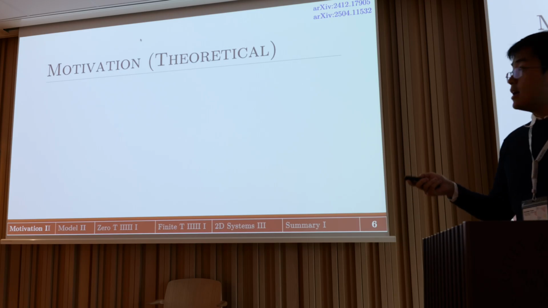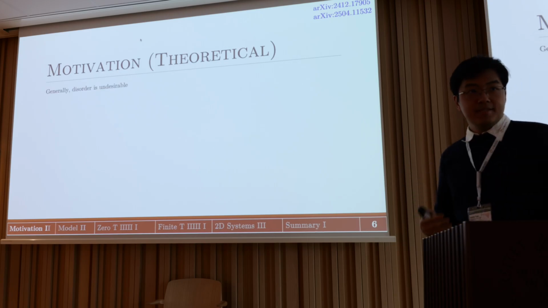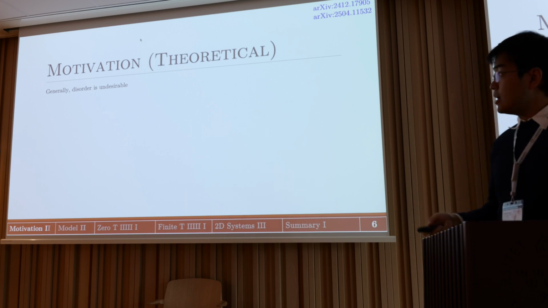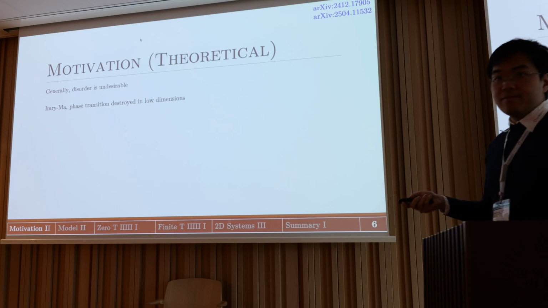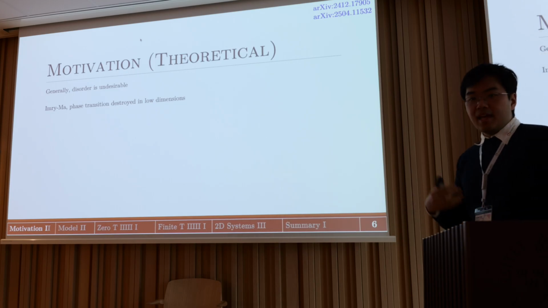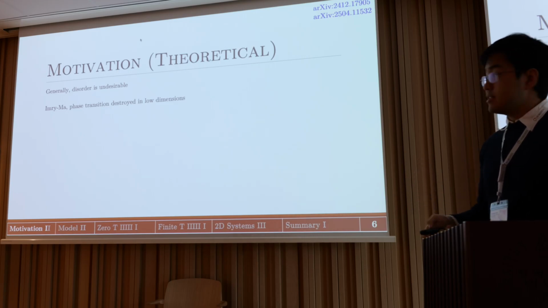Okay, so motivation. In general, a disorder is an undesirable trait that destroys coherence in a system. The most famous example that I know of is the Imry-Ma phenomenon. It basically says that in low dimensions, any weak amount of disorder is going to destroy your ordering in the system.